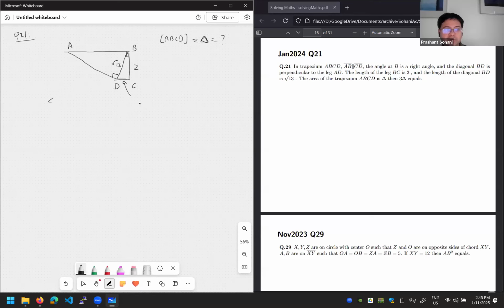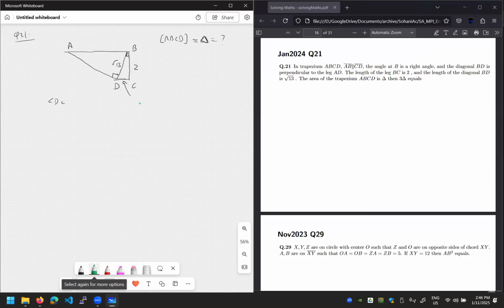Yes, correct. Then by similarity test, we can prove that this first triangle is similar to second. And then we get the ratios of the corresponding sides. And then by equating, we get all other sides. Yes, correct.